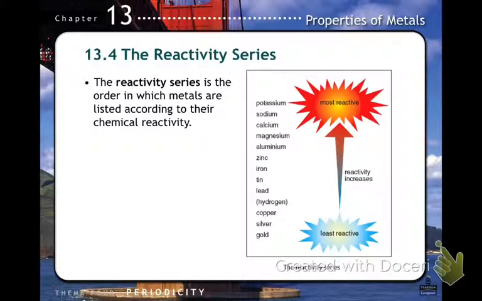It goes all the way up to the most reactive, which in this picture are potassium and sodium. Of course, this reactivity series is not exhaustive. There are metals such as titanium and nickel which are not listed here, but these are the metals that are in our syllabus, so we just stick to them.